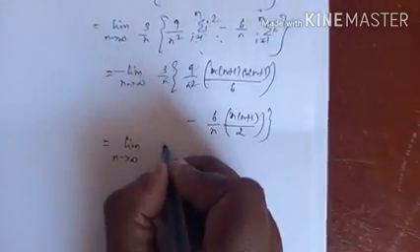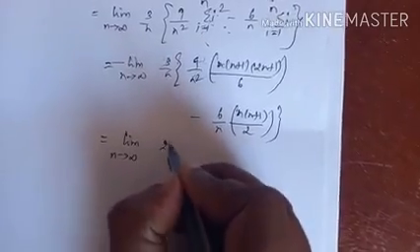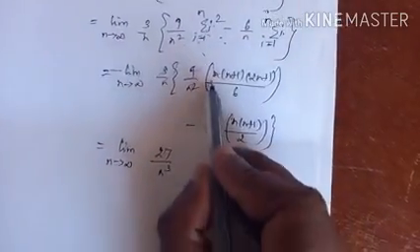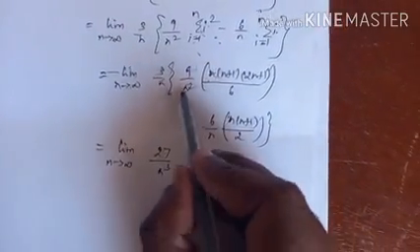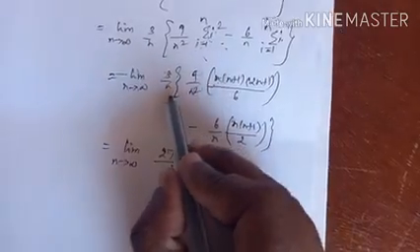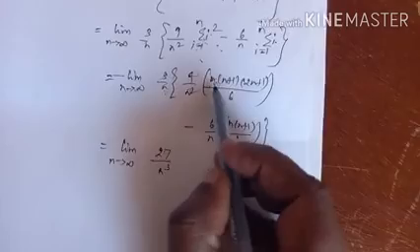Listen here, 3 by n square, right? I multiply this 3 by n inside. It is 27 by n cube, right? 27 by n cube. In order to substitute the infinity limit, all n must be in the denominator, so that 1 by infinity will become 0. These two n's are in the denominator. We have to get all n in the denominator.